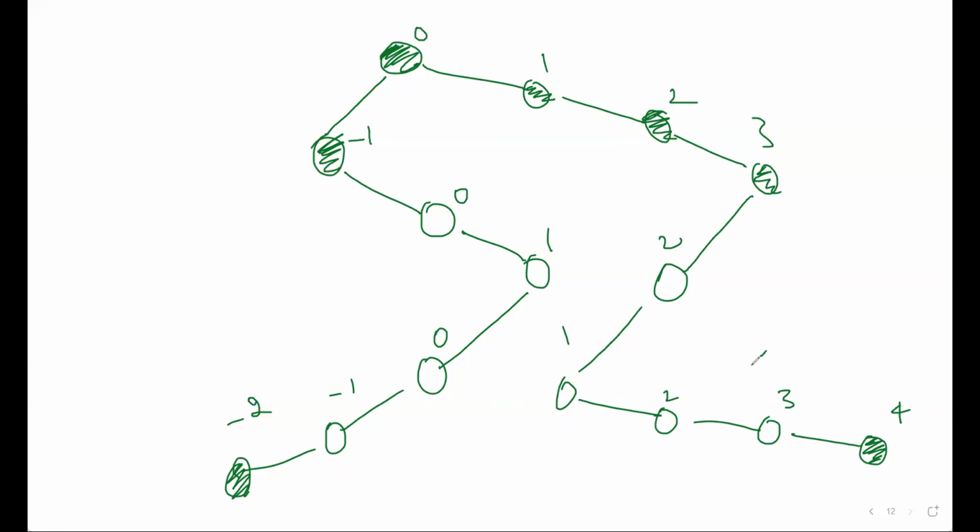If you maintain two things, your job is done. What are those two things? One of the things is horizontal distance, and the second thing is level.